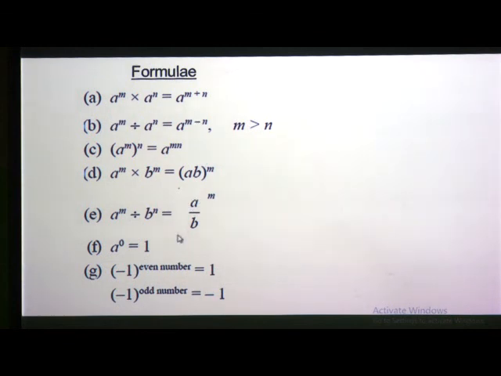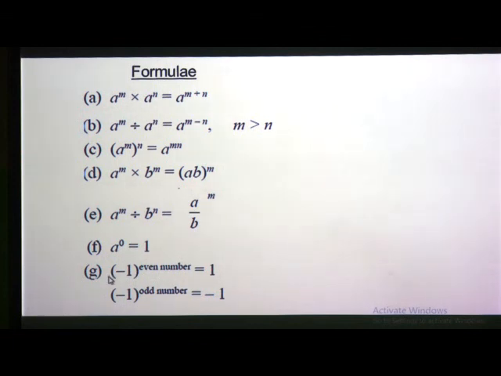So, a upon b, I told you always when it is a division we write in the form of a fraction, or upon, or we can say by. So, a by b, with the common power m. Here a raised to 0 is always 1. Here, if I write 4 raised to 0, it will be 1.